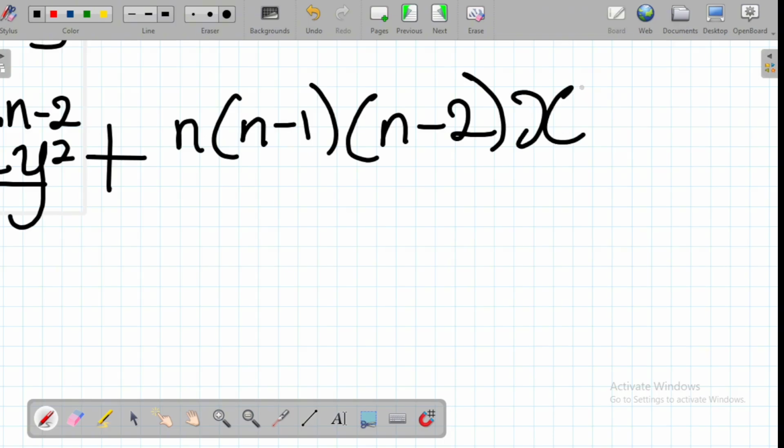If you subtract 1 from the power of x, it will give you n minus 3. And then attach y. The power of y increases by 1. So before we had y raised to the power 2. So here it will become y raised to the power 3.